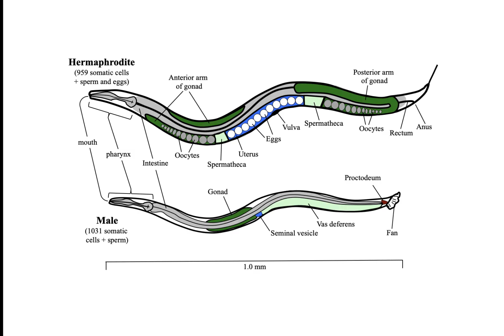Here are the two organisms. In essence, it's primarily a mouth, a gut, and sexual organs. The two sexes in Caenorhabditis elegans: the hermaphrodite has exactly 959 somatic cells, a third of which are neurons, and sperm and egg, and the male has 1,031 somatic cells, again about a third being neurons, and sperm.